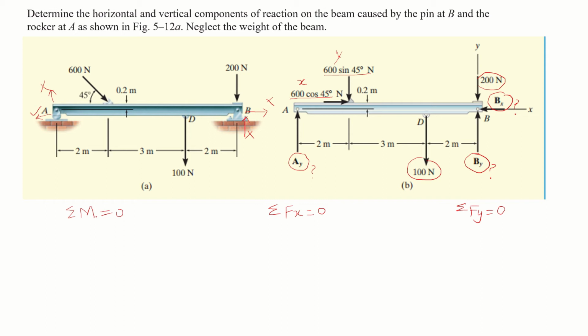These two unknown forces Bx and By pass through point B, and they do not have any perpendicular distance, so they cannot produce any moment. This is the reason why we have chosen point B, so that these two unknowns are eliminated from the equations.